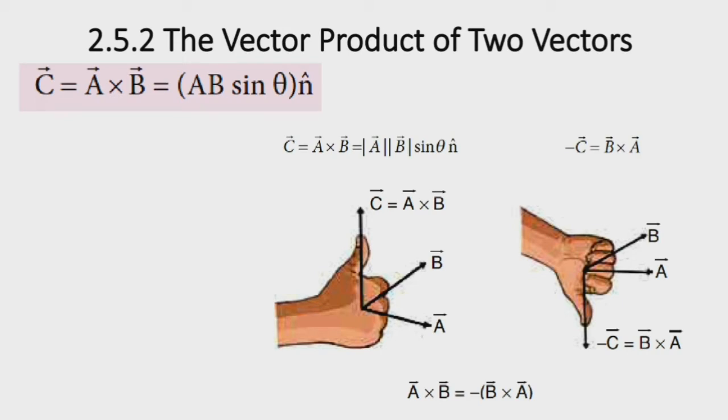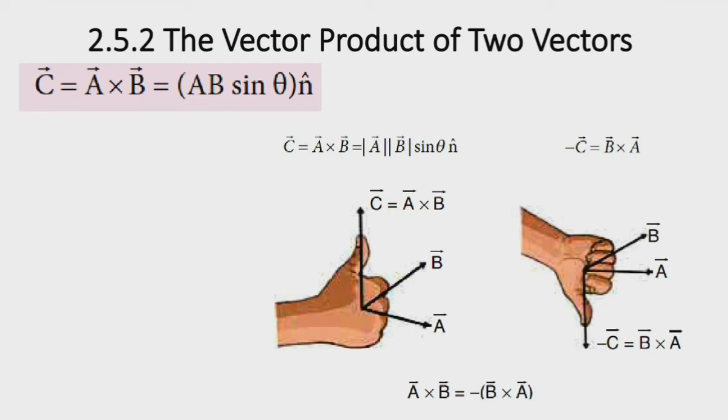So C vector is equal to A vector cross B vector is equal to AB sin theta into n cap.